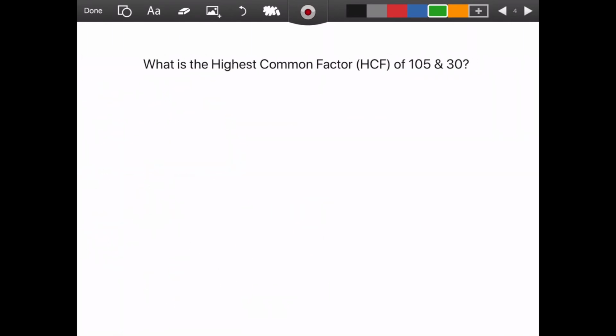Now let's look at another problem for HCF, 105 and 30. And this time around, let's just use the second method to solve this problem. So 105, what prime factor is divisible into 105 without any remainder?